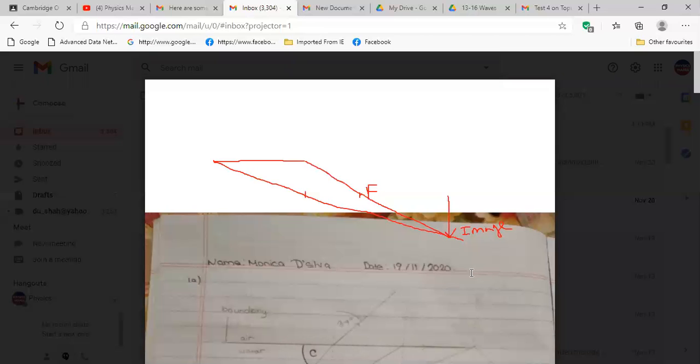Give double star. Over 80% you give double star. If 70%, then I give 1 star. If 80%, double star. If 90%, then triple star.